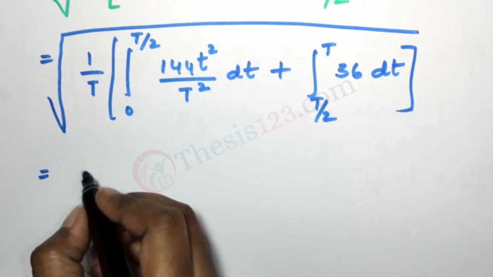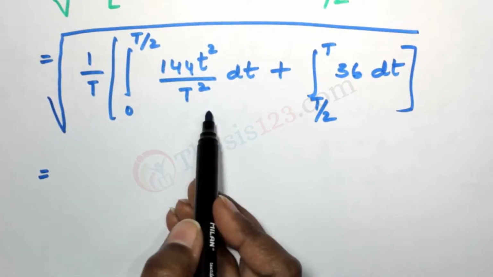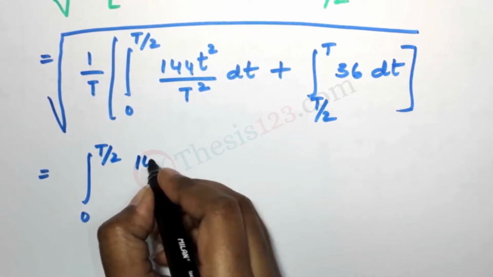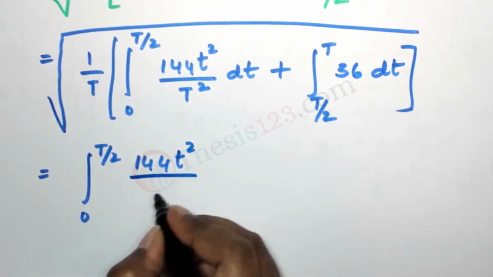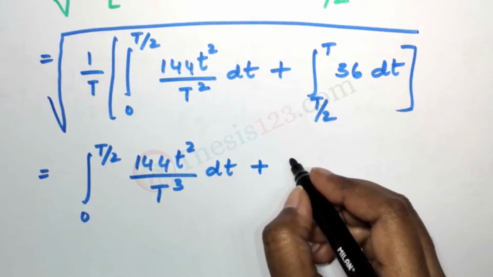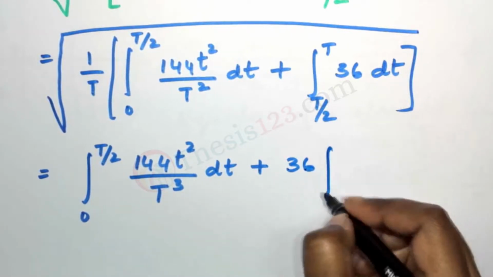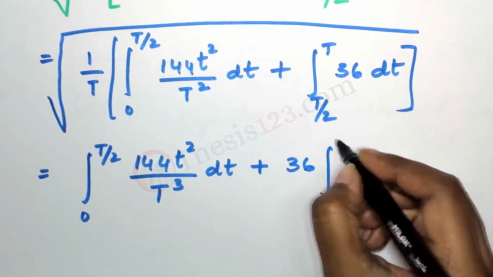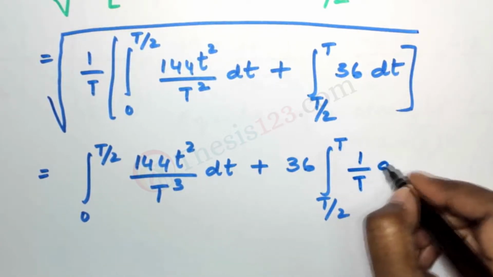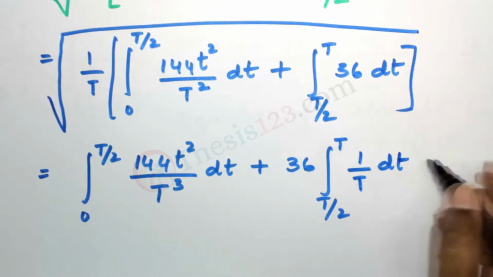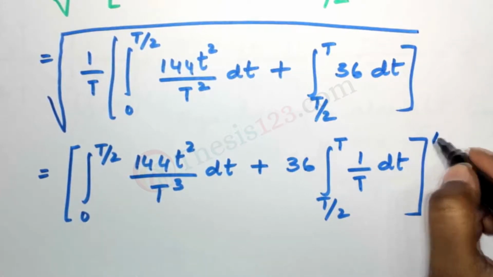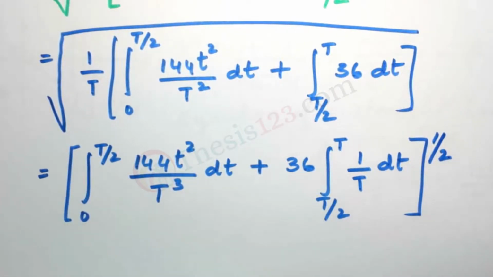Let's solve this further. If we take 1 by T inside, we will now have 0 to T by 2, 144t square by capital T cube dt plus, let's take the constant outside for this part, T by 2 to T, 1 by T dt. The whole thing to the power of 1 by 2.